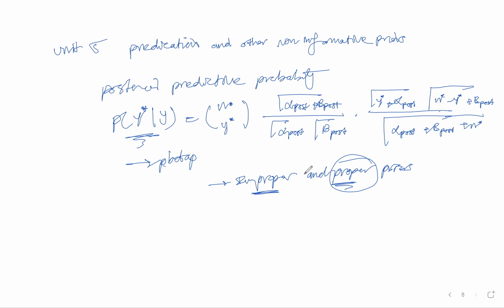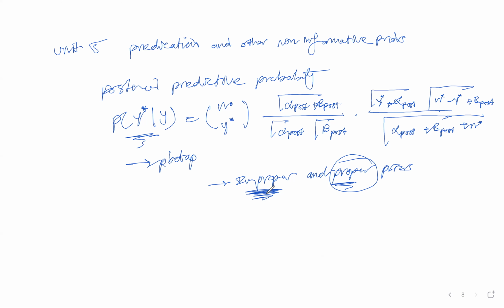It means I can calculate the posterior mean, posterior mode, posterior variance, and posterior standard deviation, which have formulas. But if you use an improper prior, maybe yes, maybe no; you may get an improper posterior. If you get an improper posterior, it is not a density function and there are no formulas for estimating the population proportion using the posterior mean or posterior mode. So you need to make sure that the prior you use is proper.